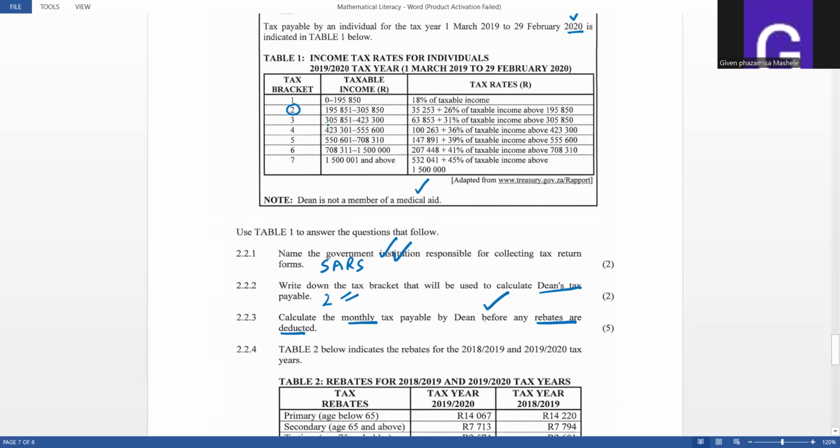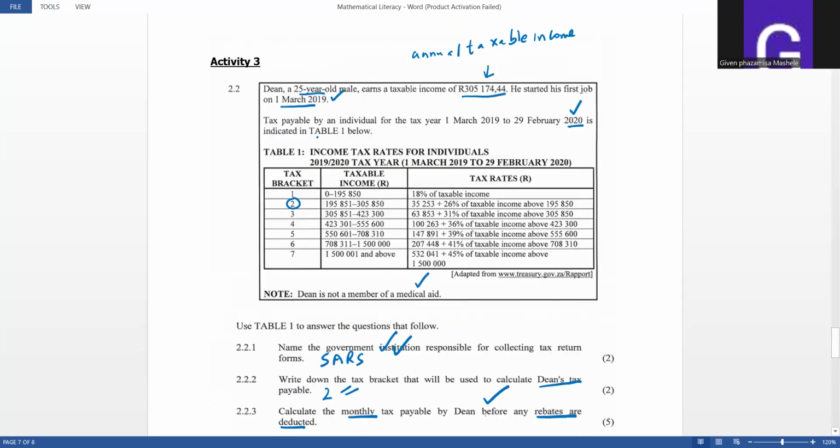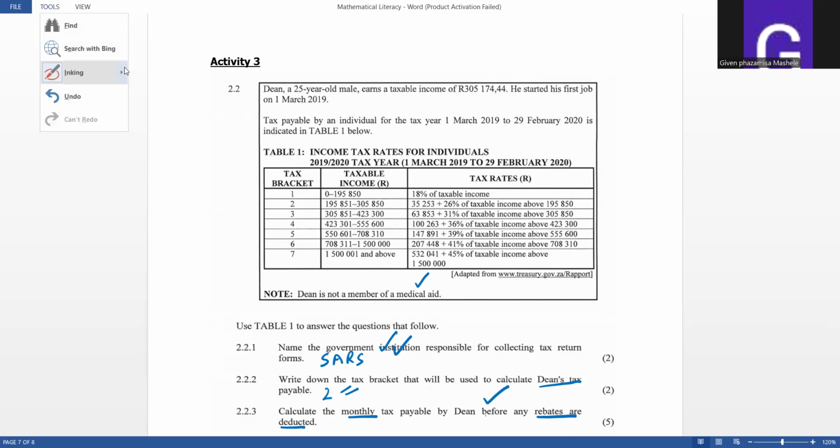We identify the tax bracket, and after that we can calculate the annual tax. Because we're already given an annual taxable income, and we know the tax bracket in which this person falls, we calculate the annual tax first.